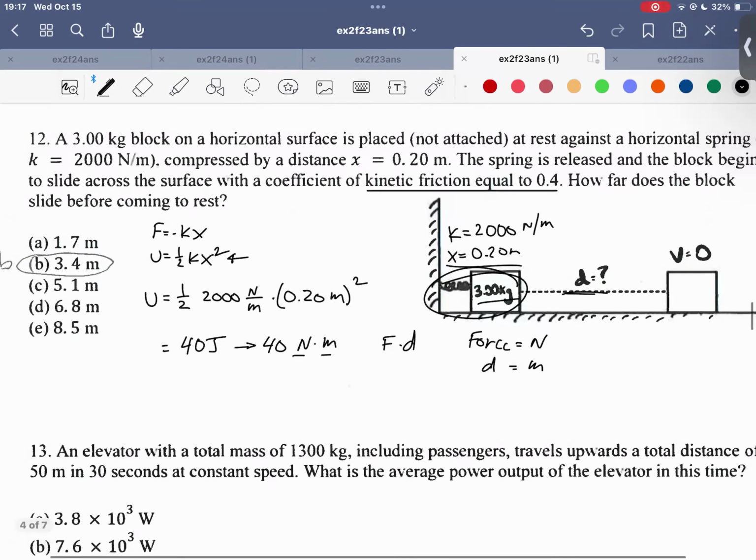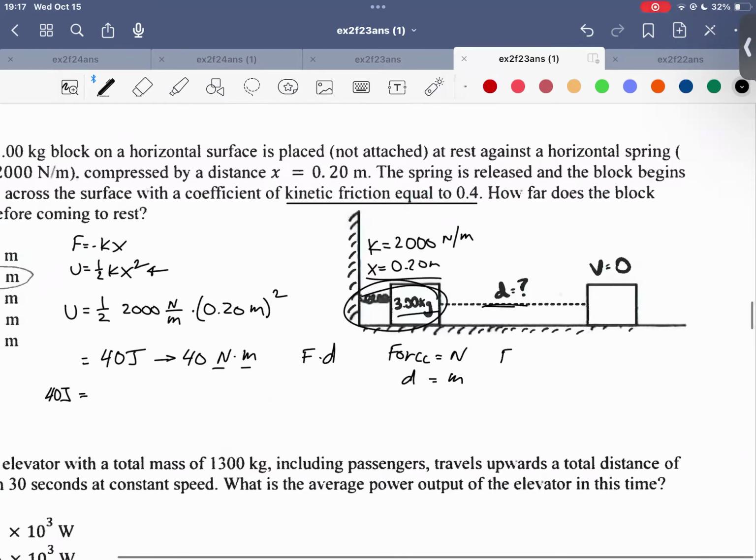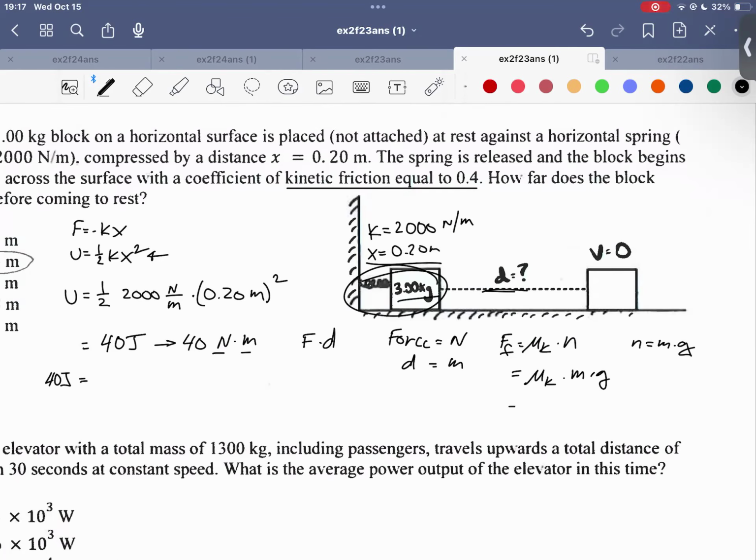So from here we say 40 joules is equal to this force here, kinetic friction. So force of friction is equal to mu k times N, and mu k times mass times gravity, since N is the normal force, which is equal to mass times gravity. And so now we have 0.4 times 3 kg times 9.81 meters per second squared.